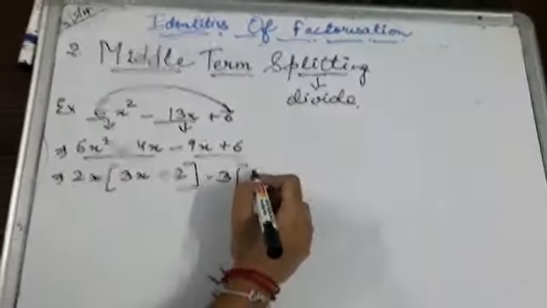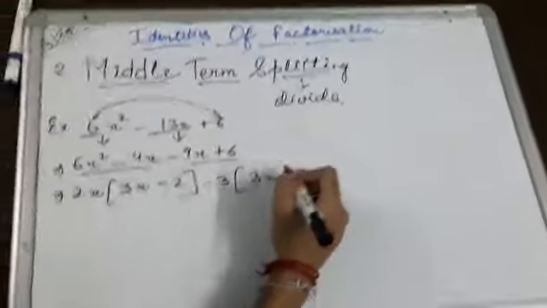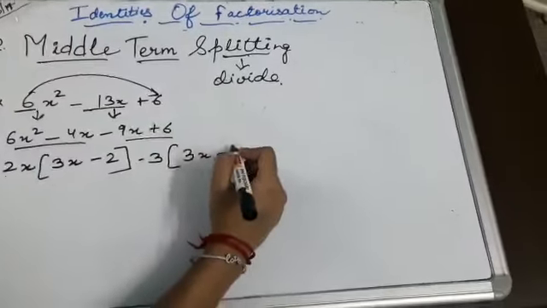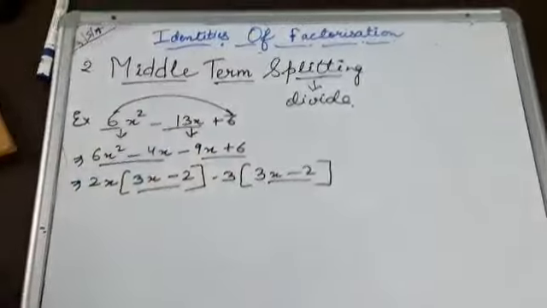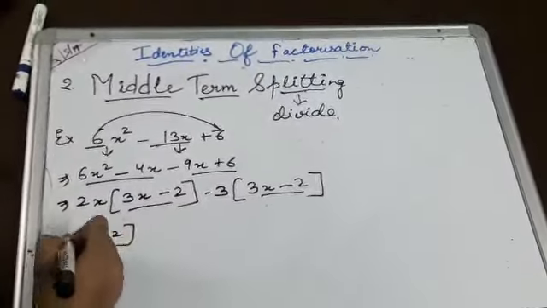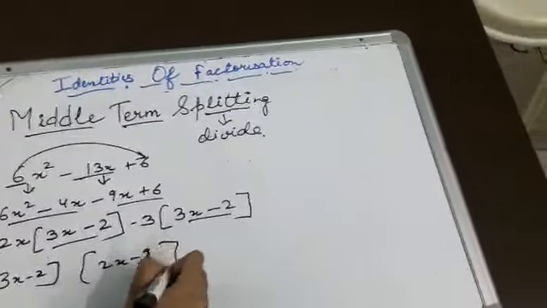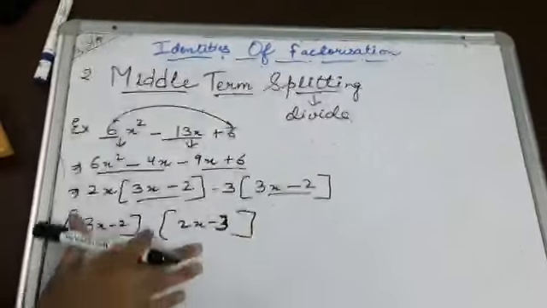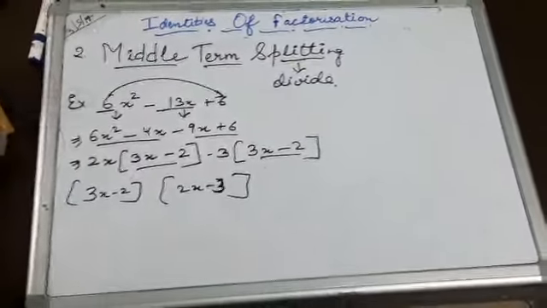In the table of 3, 9 comes 3 times, and in the table of 3, 6 comes 2 times. We get both these terms as common. So how do we write? 3x minus 2 and 2x minus 3. These are the factors of this algebraic expression.